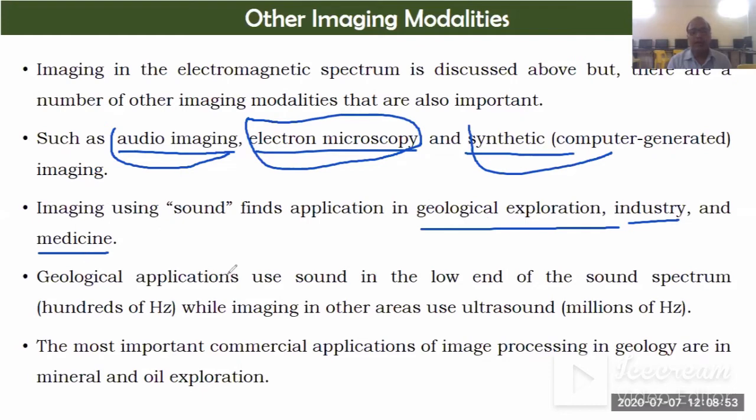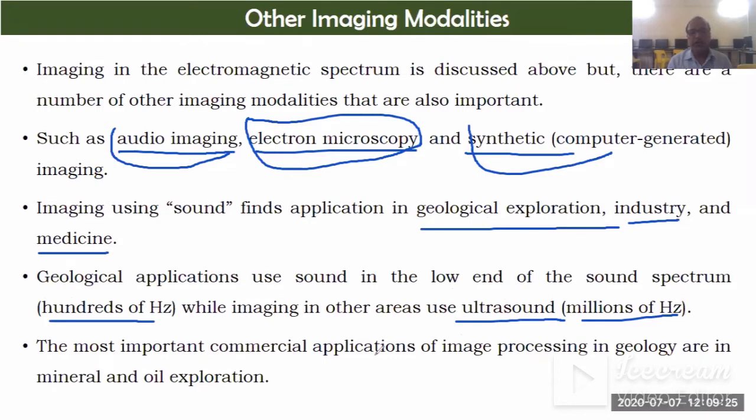Geographical applications use sound in the low end of the sound spectrum, around 100 hertz, whereas in some situations there will be ultrasound, which is millions of hertz. In some applications we use hundreds of hertz frequency, whereas in some applications it requires higher frequency, millions of hertz, and that type of frequency is ultrasonic sound.